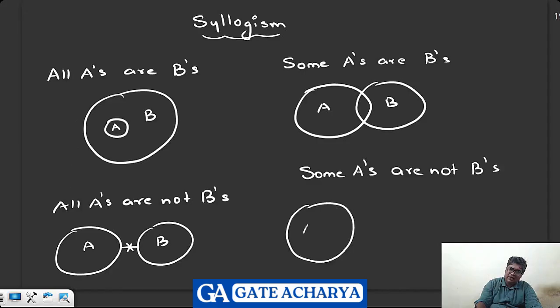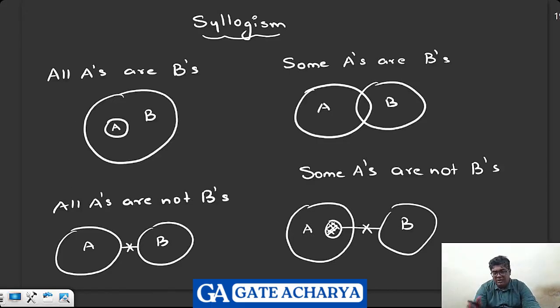Let's say this is some A. Now take a small portion here, like this shaded region, and say that this has a negative relationship with B. A small region within A has a negative relationship with B. These are the four possible statements we can always see in syllogism, and these are the corresponding diagrams of each type. You have to remember this by heart. From there, I'm going to analyze all the statements given to me, using these diagrams to come to certain conclusions.